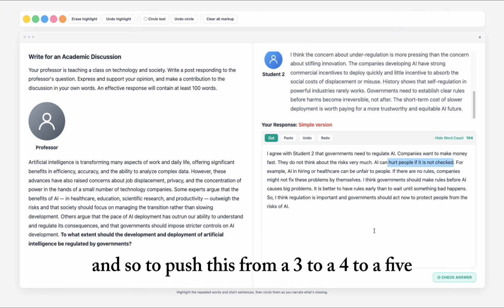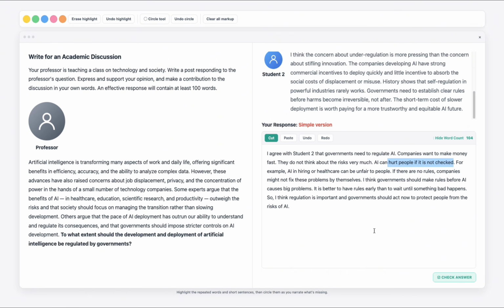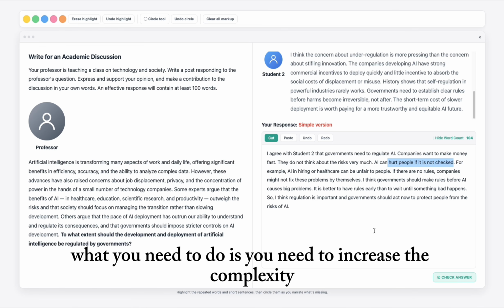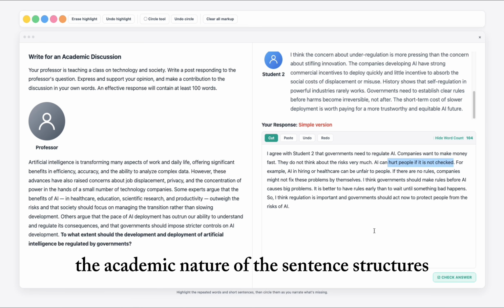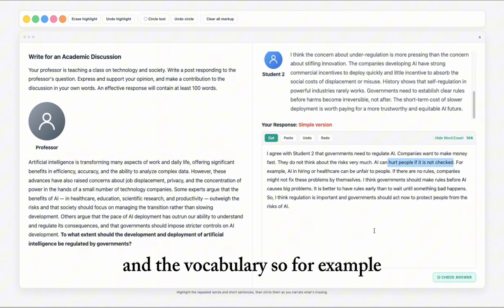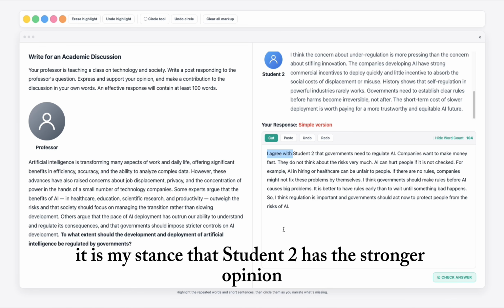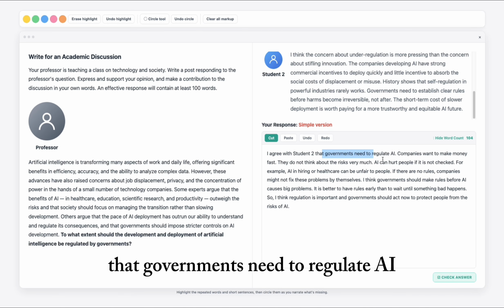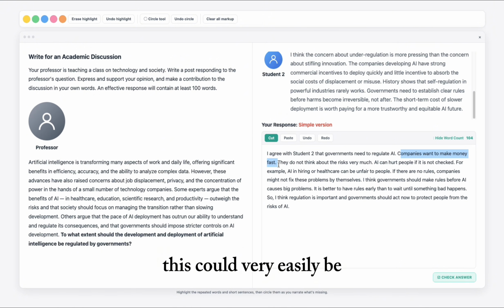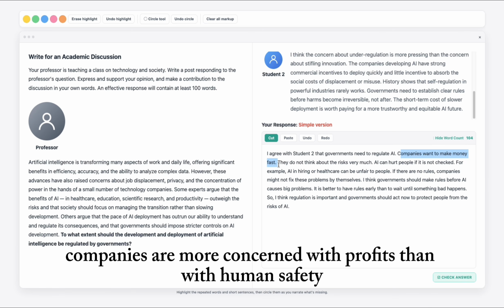And so to push this from a 3 to a 4 to a 5, you need to increase the complexity and the academic nature of the sentence structures and the vocabulary. So for example, I agree with, okay, there's nothing wrong with this. However, it is my stance that student 2 has the stronger opinion that governments need to regulate AI. Companies want to make money fast. Okay? This could very easily become something like companies are more concerned with profits than with human safety.